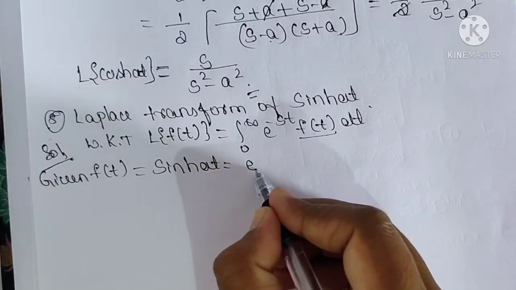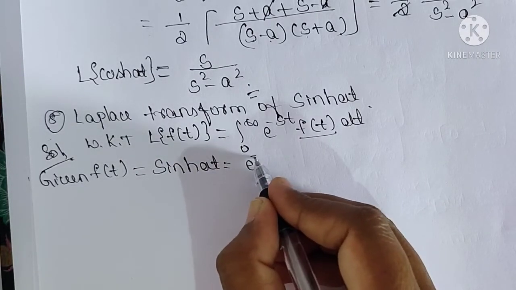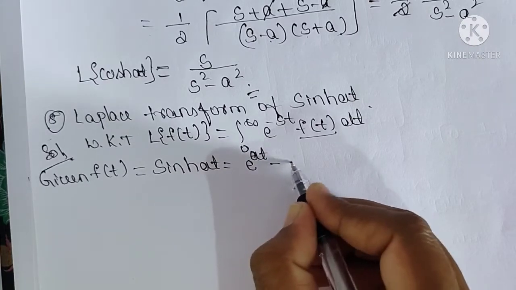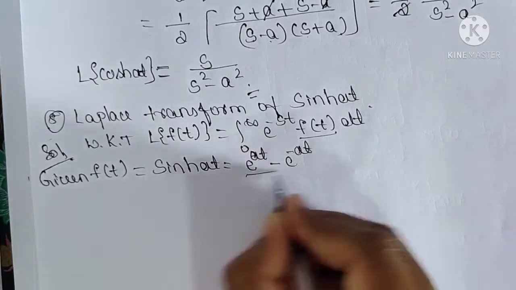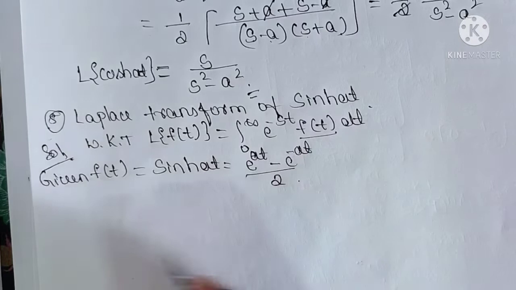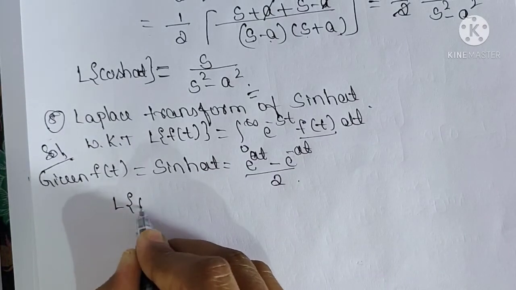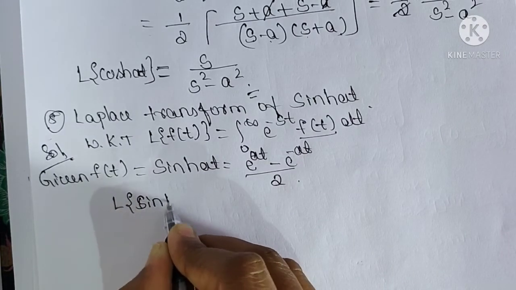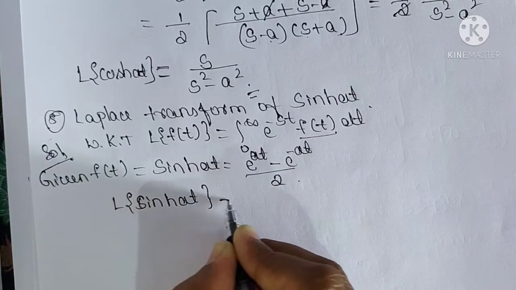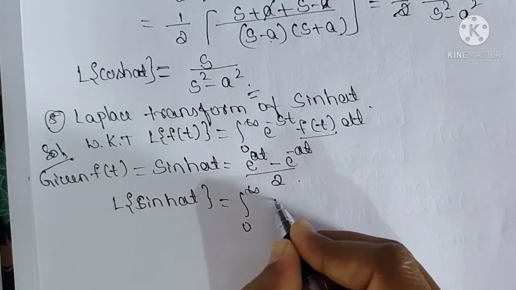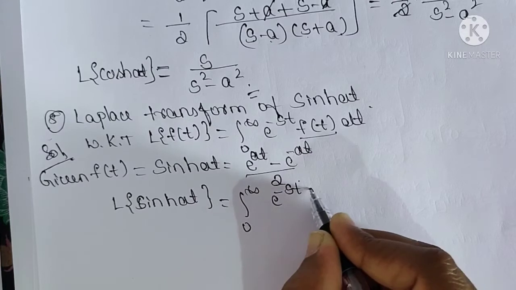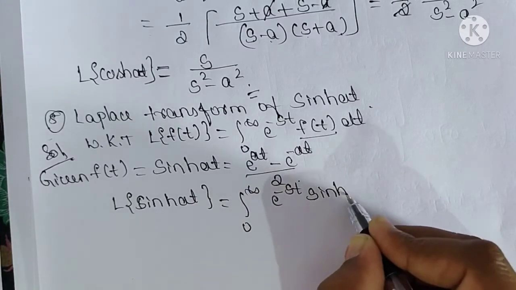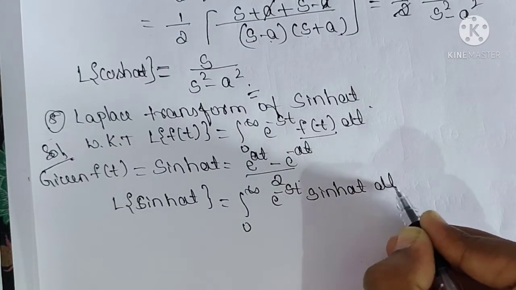Sin h of at can be written as e to the power of at minus e power minus at divided by 2. Now L of sin h of at is equal to the integral from 0 to infinity of e power minus st sin h of at dt.